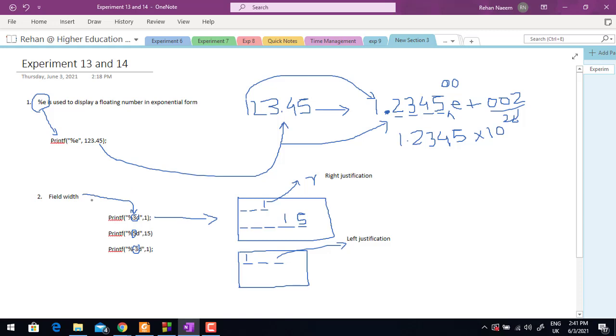The concept of field width is used to display your data in a proper format. Clear? So when you will do some tasks of experiment 13 and 14, you are required to use the concept of field width in order to display your data in a proper manner.